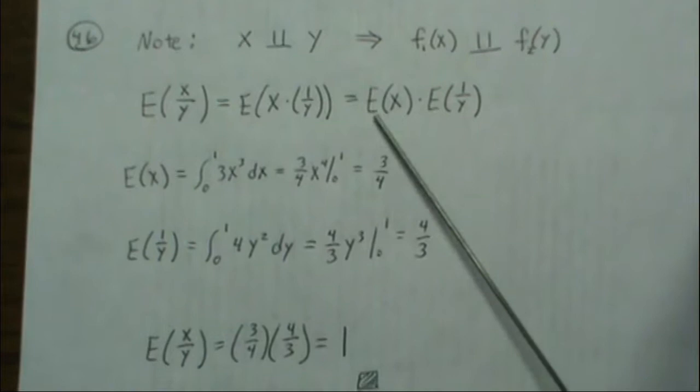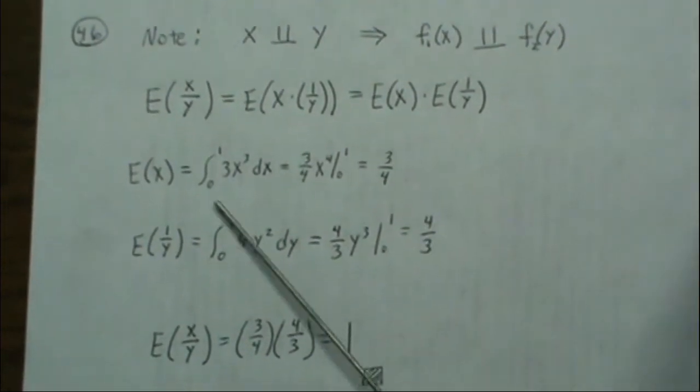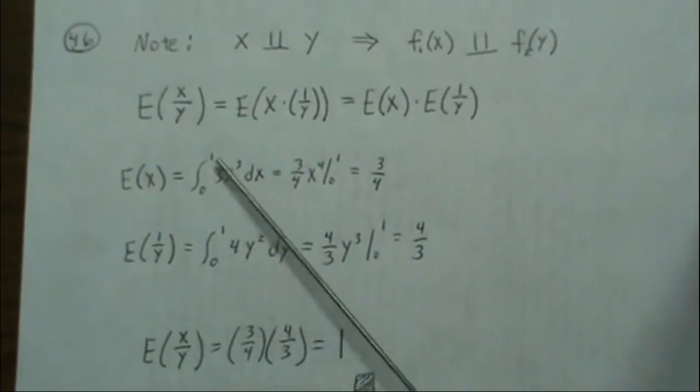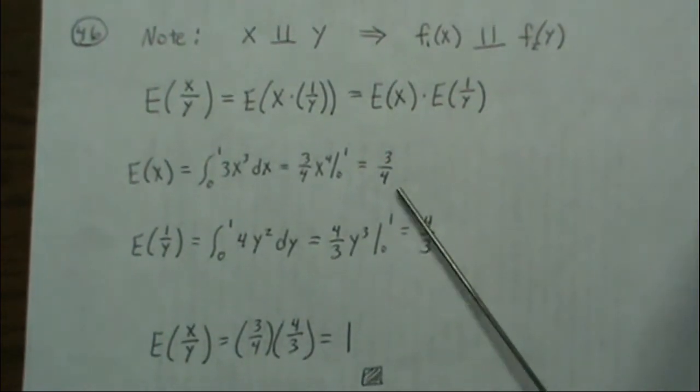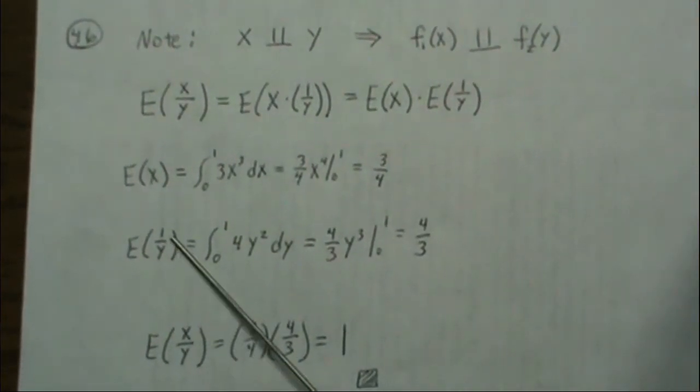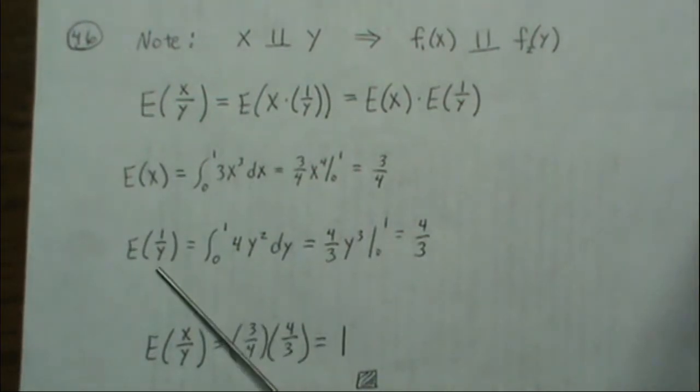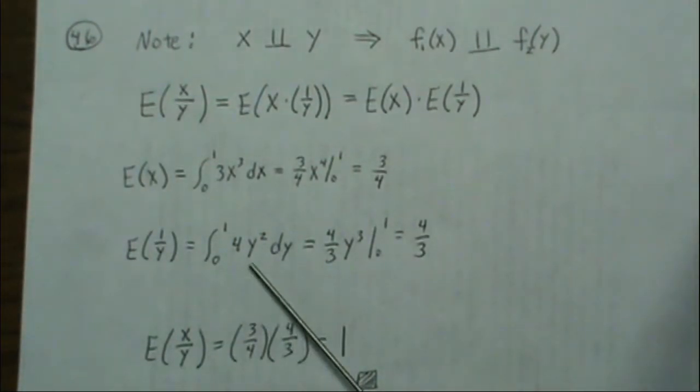And then we just need to find the expected value of x, which goes from 0 to 1, and we get 3/4. And the expected value of 1 over y, we plug 1 over y into our density, and it ends up being this. We integrate, we get 4/3. So the expected value of x divided by y is 1.